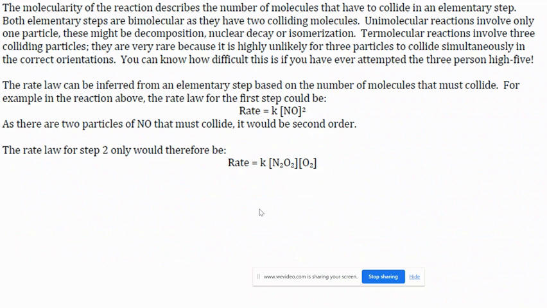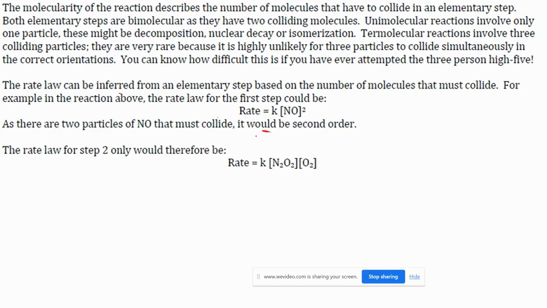The molecularity of the reaction describes how many molecules have to collide in that elementary step. Both elementary steps are bimolecular, meaning that they have two things that are colliding.